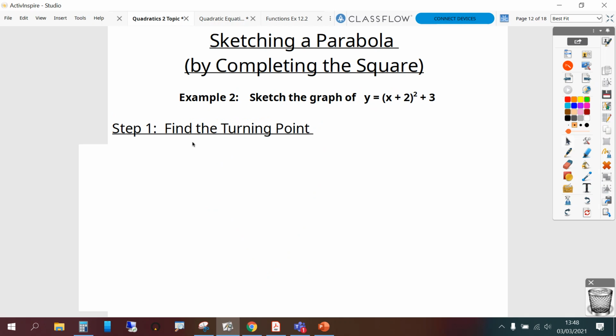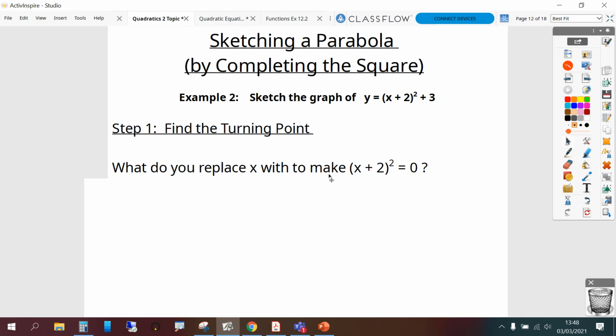Another example, let's find the turning point first of all for this one. Let's say y equals (x plus 2) squared plus 3. So again, what do we need to replace x with to make this squared bracket equal to 0? Well, we need to make x this time be negative 2, because negative 2 plus 2 gives you 0 inside the bracket, and squaring that still gives you 0.